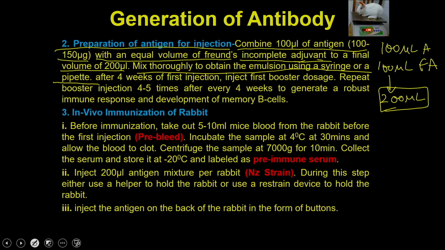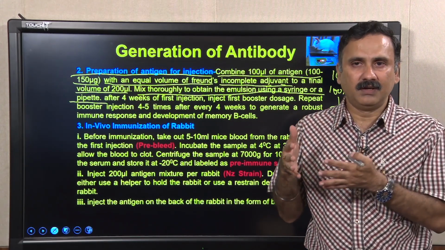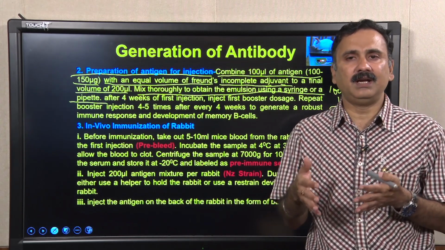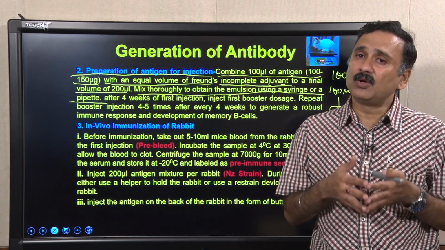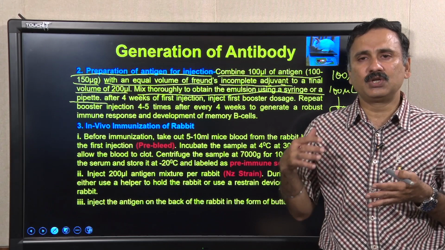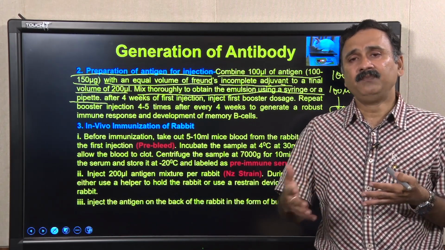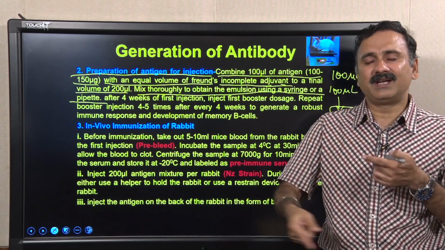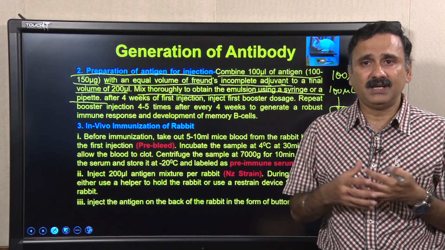Freund's adjuvant contains detergent and oil, and it also contains the Mycobacterium tuberculosis cell wall. Freund's adjuvant is going to stimulate the immune response and activate the immune system, so that the system is ready to take up the antigen.